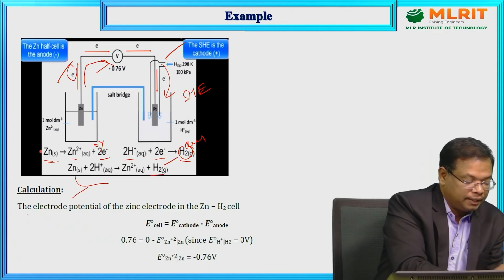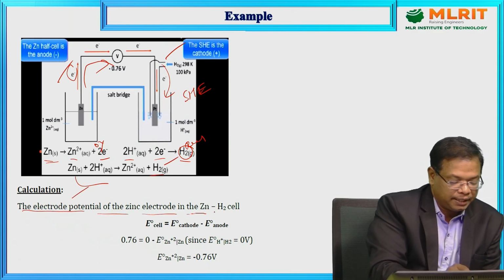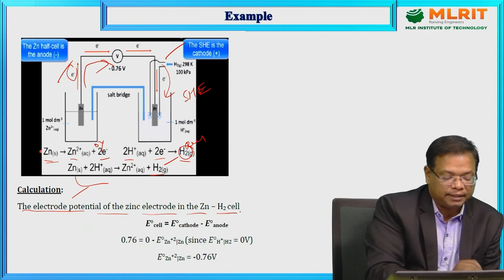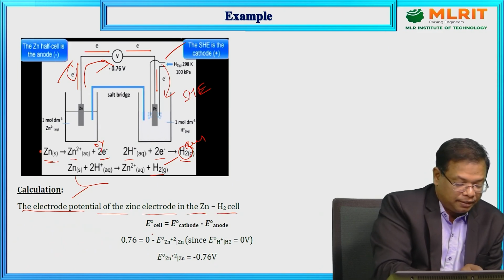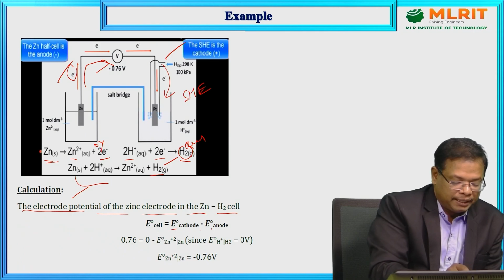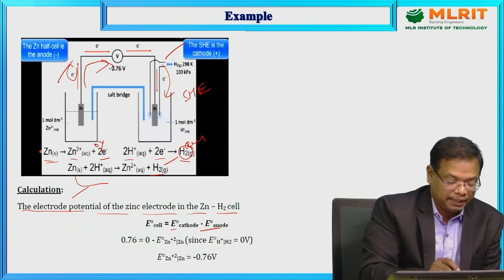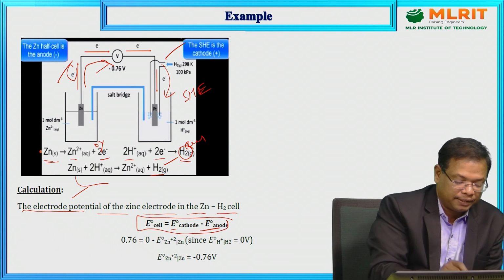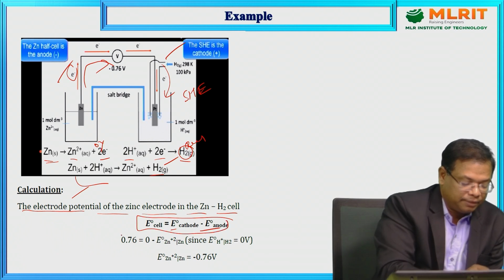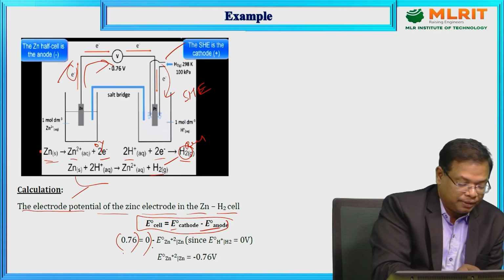So the calculation of the electrode potential of the zinc electrode in the zinc and hydrogen cell: the standard EMF, E0 cell, is equal to E0 cathode minus E0 anode. This was already discussed in the last video. This is the formula. We have already noted the value of 0.76 volts.